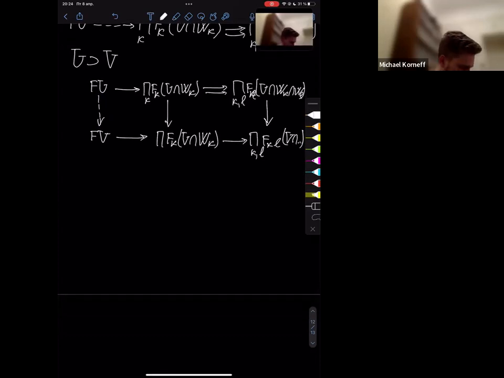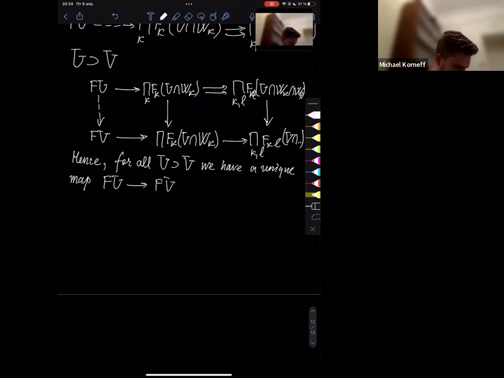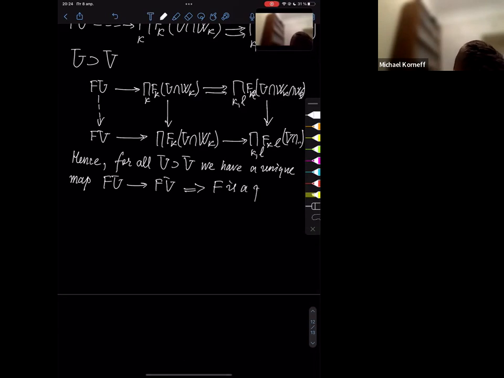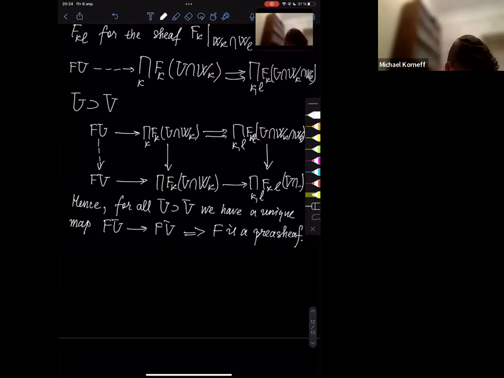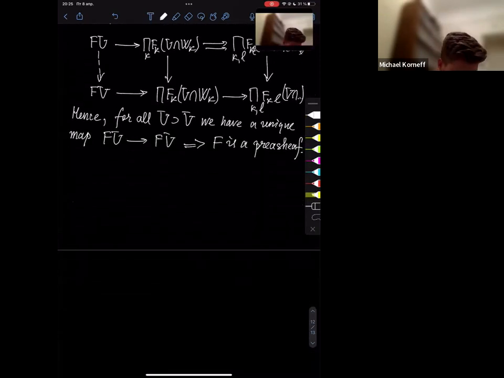Okay, and hence for all inclusions V into U, we have a unique map F_U to F_V, and thus F is a presheaf.